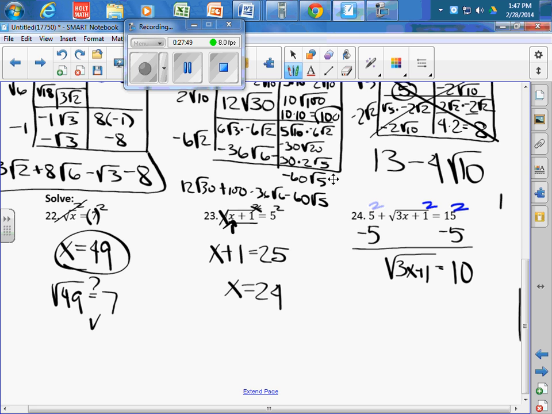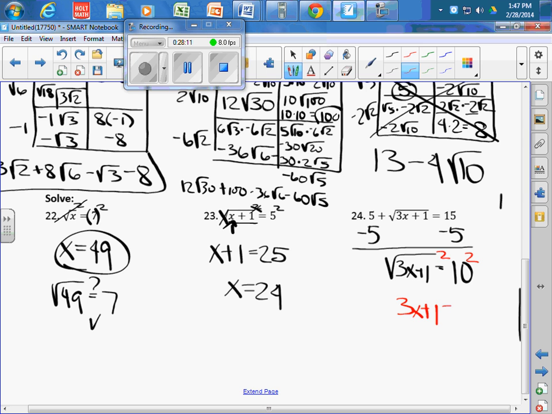Do not do that. What you'll do is subtract 5 from both sides first to get the radical by itself. Then we can square both sides.